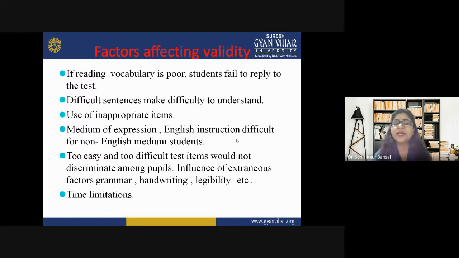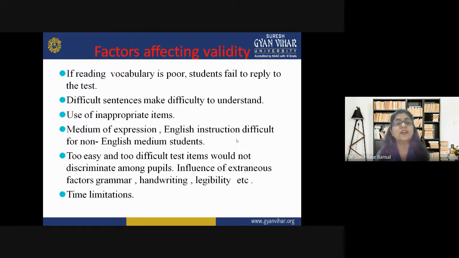Maybe you have created very good items, questions in your test, but the student's reading vocabulary is poor and he or she is not understanding the meaning you have intended. In that case, your validity will be disturbed because what you want to measure, the student is not understanding, and he fails to reply to the test. So this may be one of the factors.